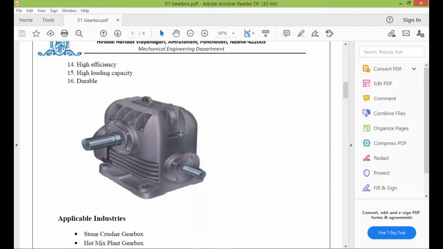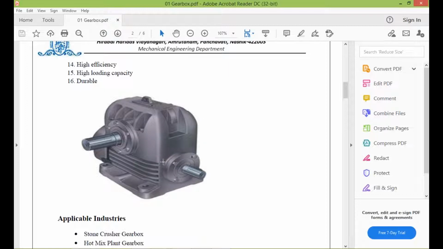This is a typical worm gearbox, and this downward shaft is called the input shaft, and another is the 90 degree output shaft, right? And this is the outer casing of the gearbox. Our aim is to increase the torque by reducing the speed.